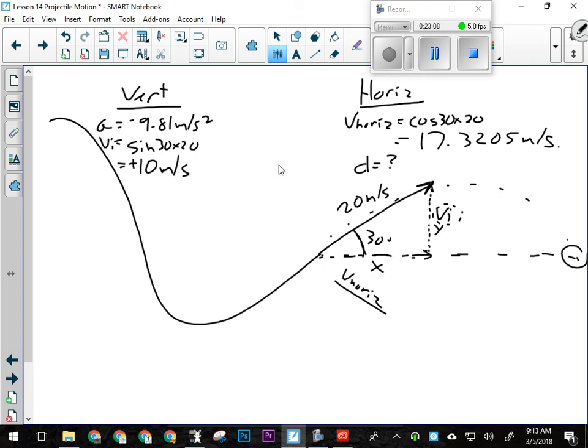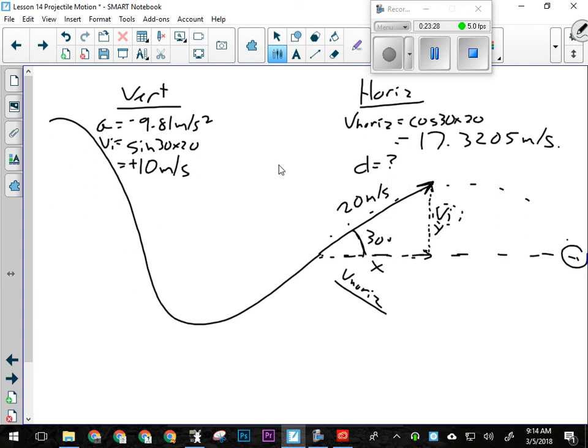Okay, but there's one other thing. Okay, and it has to do with what we said right at the beginning of class. What goes up must come down. So if I throw something straight up in the air, it goes all the way up and comes all the way back down to the same height it left from.